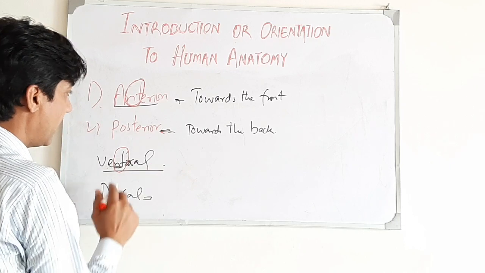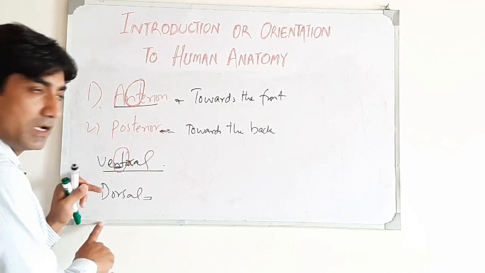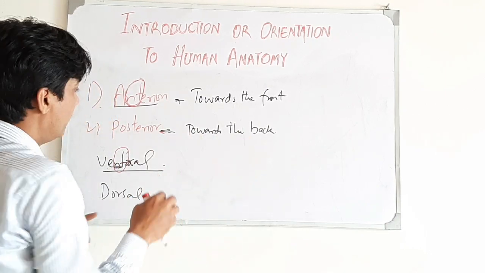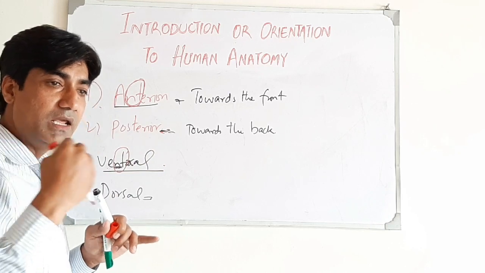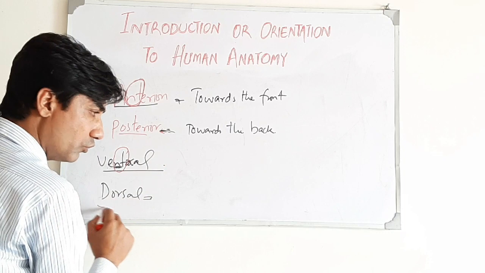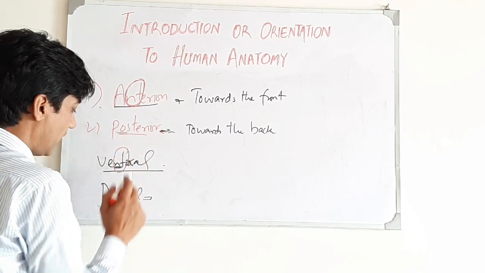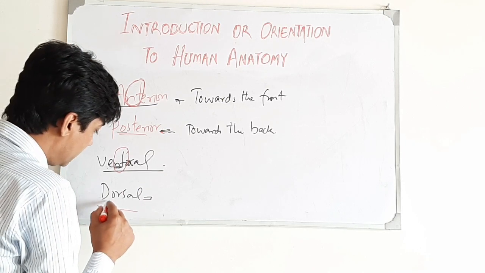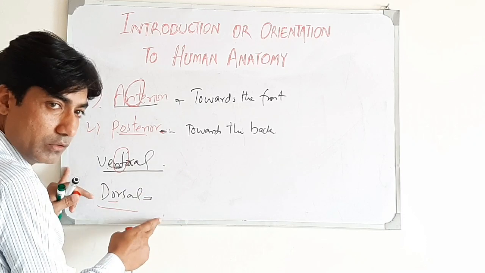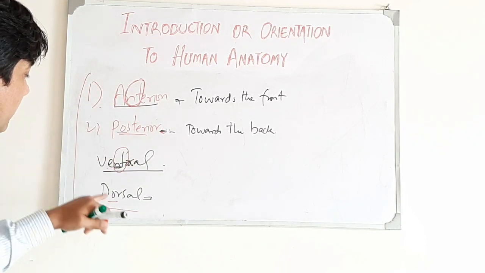And in dorsal or posterior, the definition of these two terms is towards the back. So any structure which we can describe posteriorly or backward, that's called posterior or dorsal. How can we remember? In posterior the letter O, and in dorsal the letter O. So this is the method to remember anterior, posterior, ventral and dorsal.